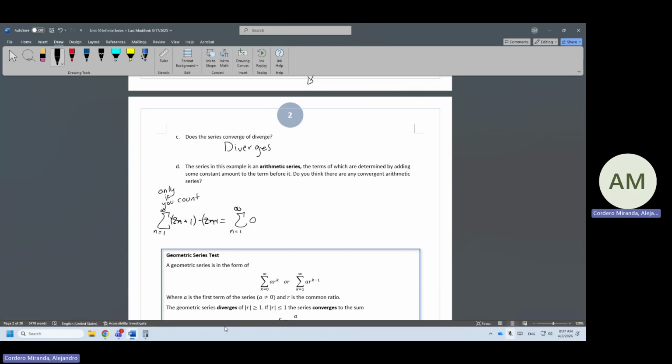But any other arithmetic series, if you're starting at 0 and then you add 0.00000001 and then add 0.00000002, et cetera, even that is just not getting small enough to converge.